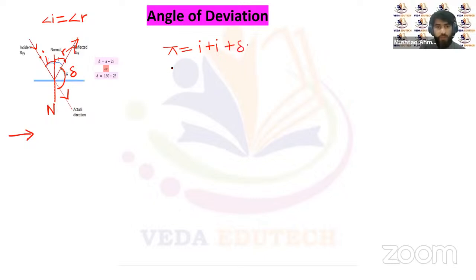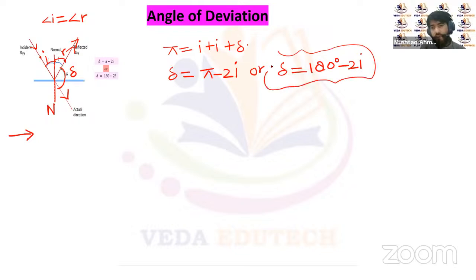So delta will be pi minus 2 times i, or we can write it as angle of deviation is always equal to 180 degrees minus 2 times the angle of incidence. So this angle we call the angle of deviation, or deviation of the ray of light from the incident ray of light.